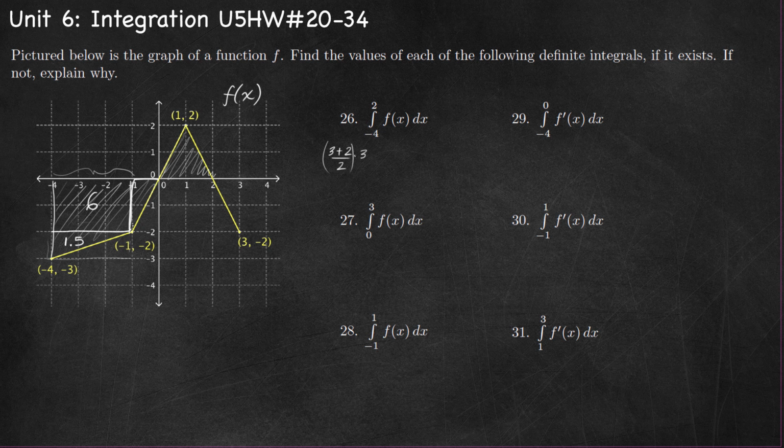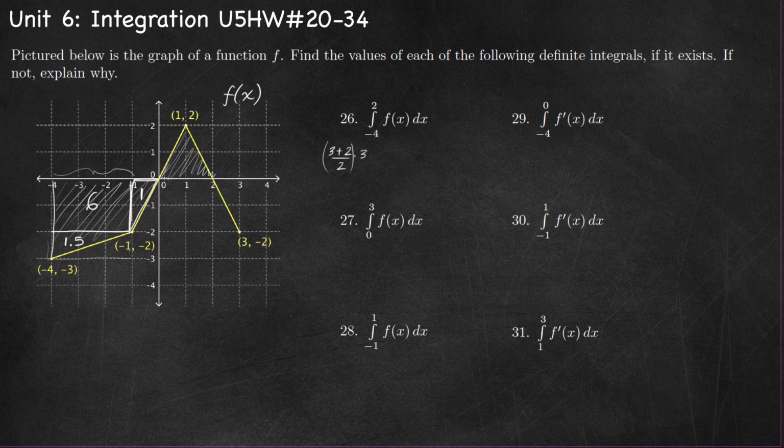And then this triangle right here is half of a 1 by 2 rectangle. What am I saying? A 1 by 2 rectangle has area 2. Half of that is 1.